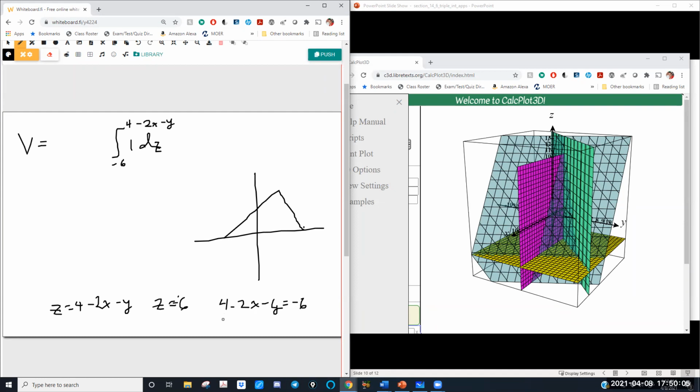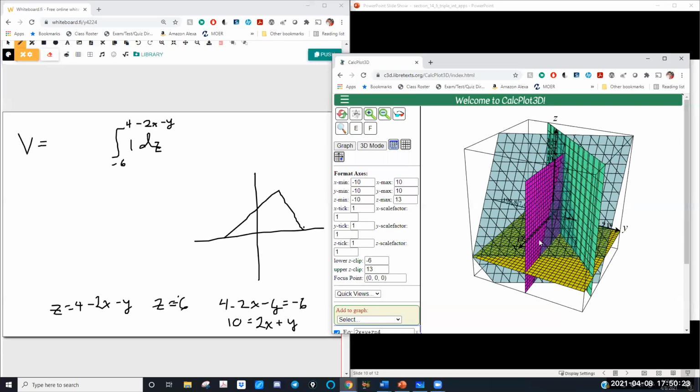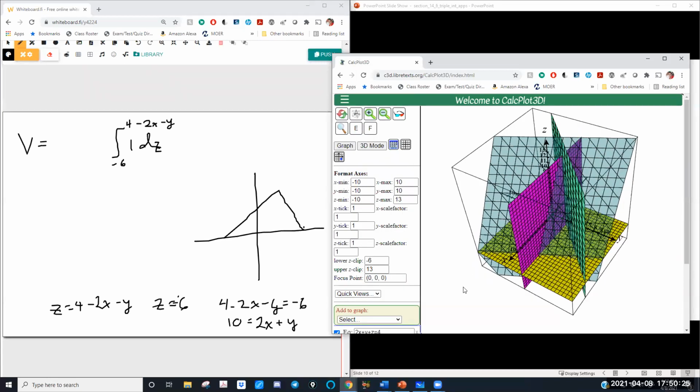So I'm going to add the 6 over and then add the 2x and the y over. So this basically translates to 10 equals 2x plus y. Again, notice which equation that is. It is this shorter one right here on the positive x side going up. So this line here is 2x plus y equals 10.